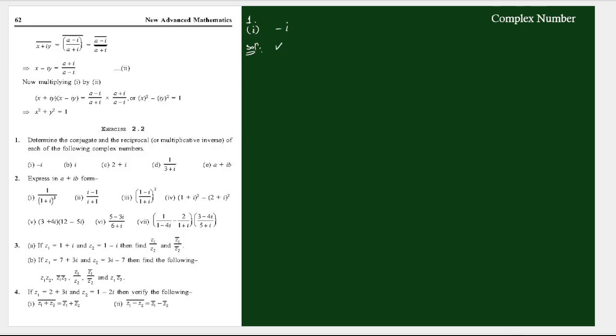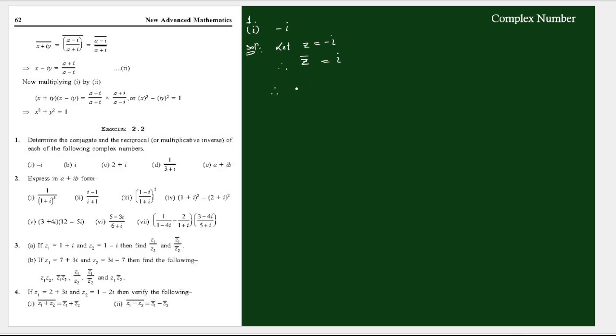So let z equal to minus i. So your z bar will be i, since minus becomes positive. Now we need to find the multiplicative inverse.